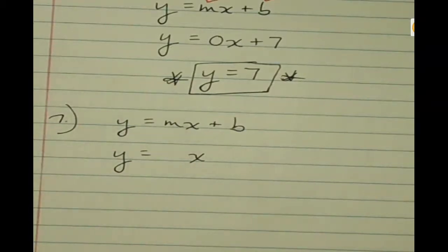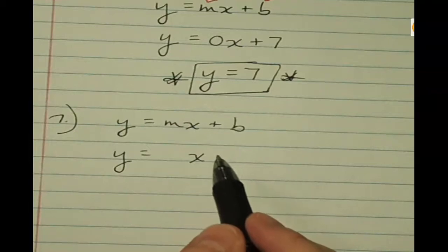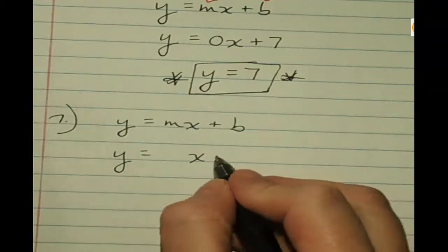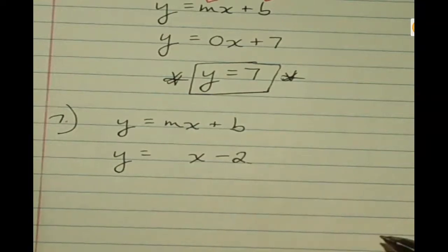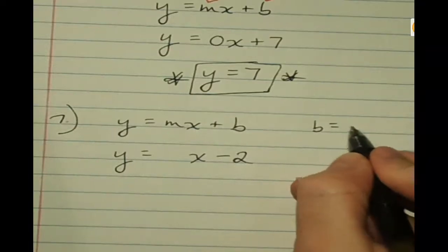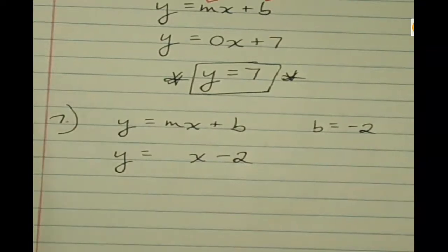Look at number 7. The one thing I always tell you to graph first is the y-intercept. It's where your line crosses the y-axis. That's your point. So your b, your y-intercept, is what, Taylor? Negative 2. That's right. Your b is negative 2.